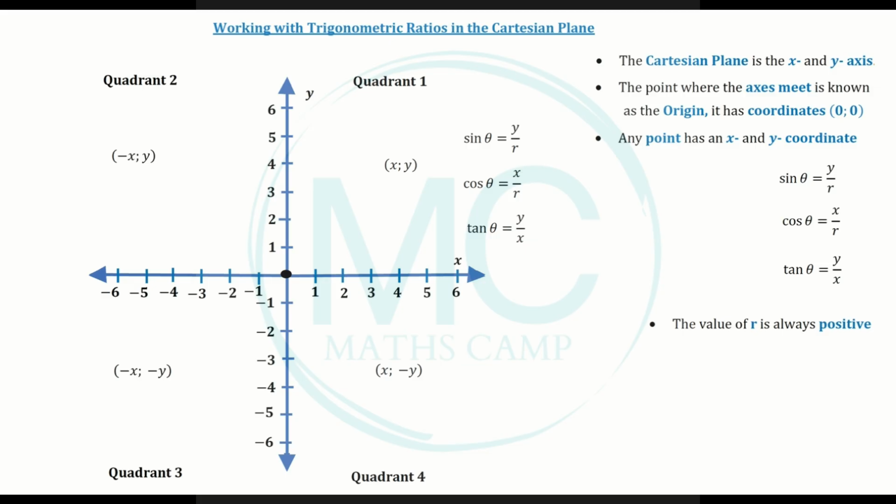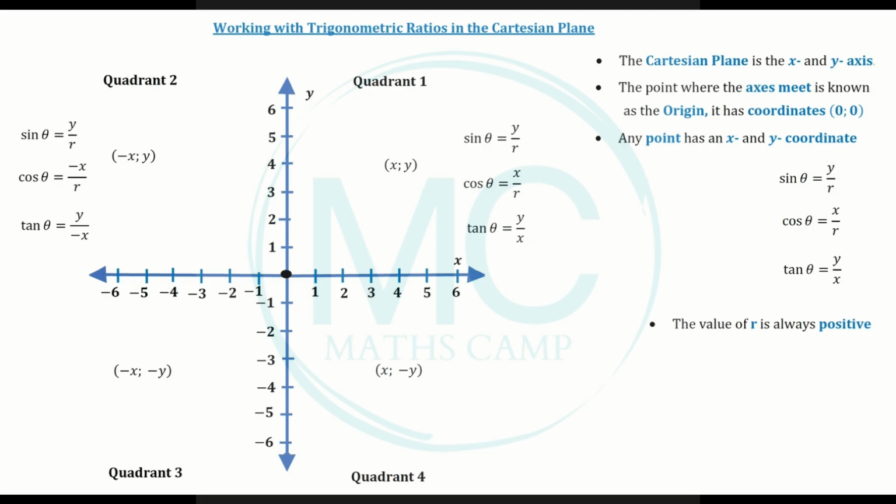So here, sine theta is equal to y over r, cos theta is equal to negative x over r, and tan theta is equal to y over negative x. Sine theta is the only ratio that is positive, as cos and tan are now both negative.